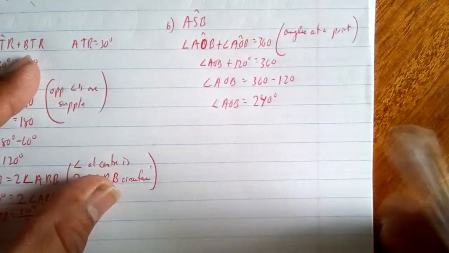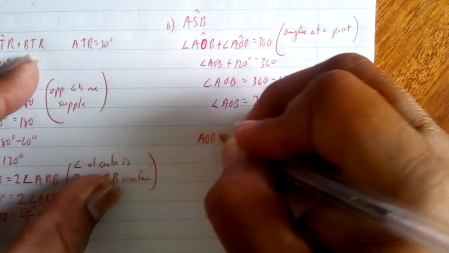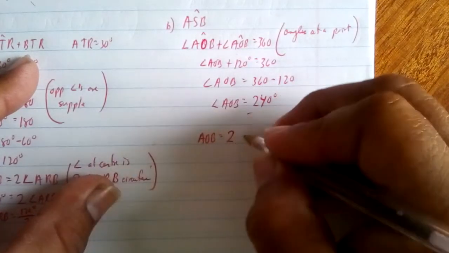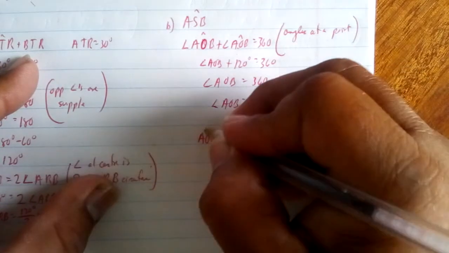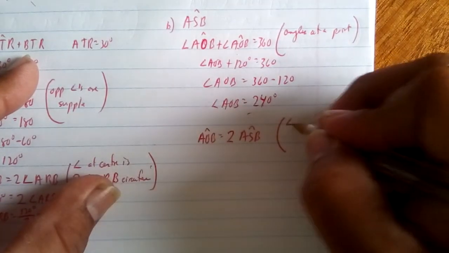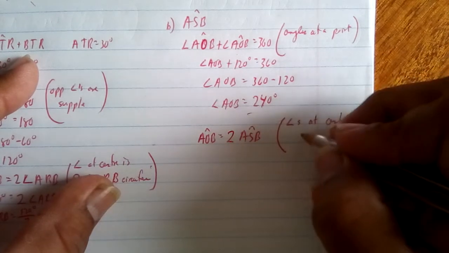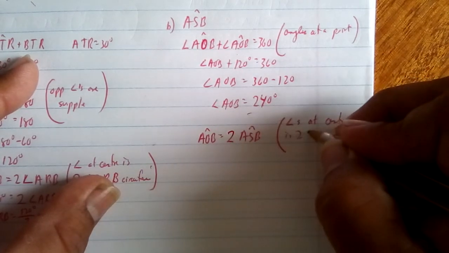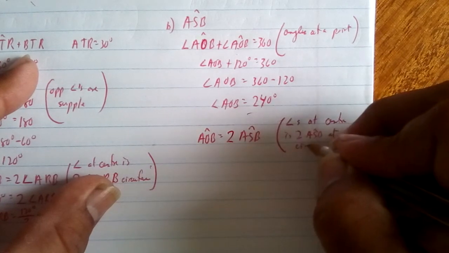All right, so now we put our information to work. We put angle AOB equals twice the angle ASB, because that's the concept: angle at the center is twice the angle ASB at the circumference.